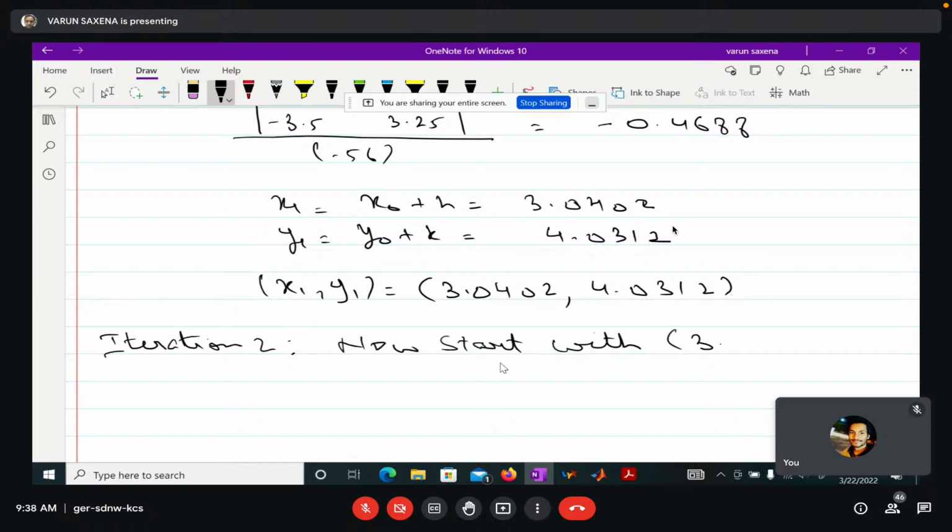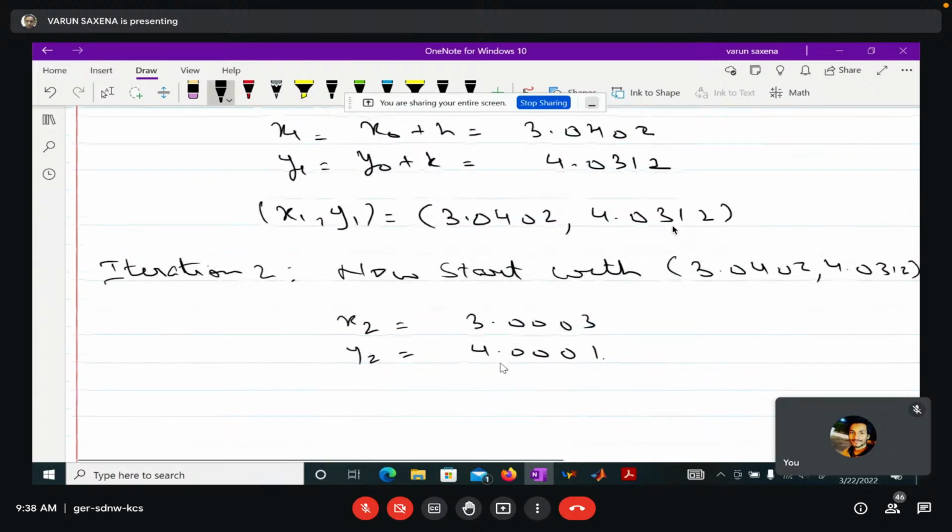Now you start with the assumption 3.042, 4.0, and then you proceed with the entire thing further, and you will get x2, which will be 3.03, and y2 which will be 4.001. Okay, so this will be your x2, y2.